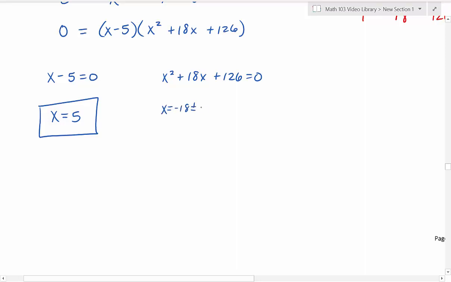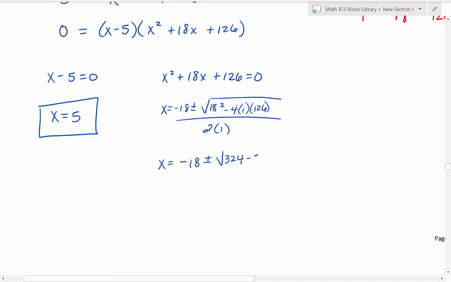X equals negative 18 plus or minus the square root of 18 squared minus 4 times 1 times 126, all over 2 times 1. Simplifying, we get x to be negative 18 plus or minus the square root of 324 minus 504, all over 2.